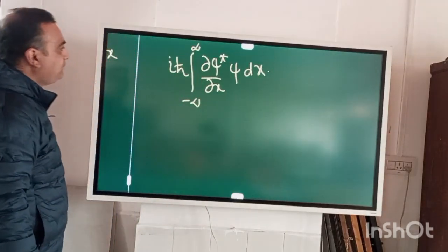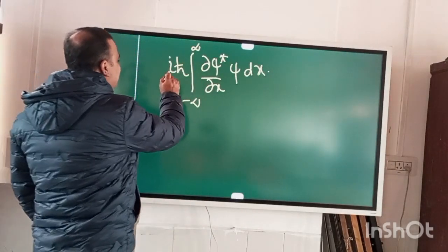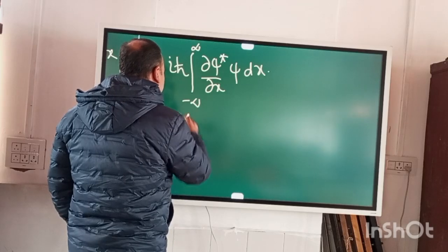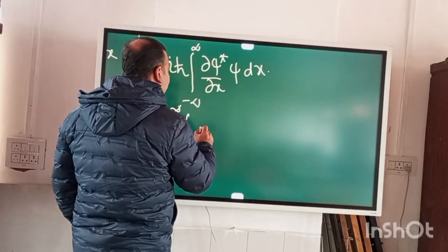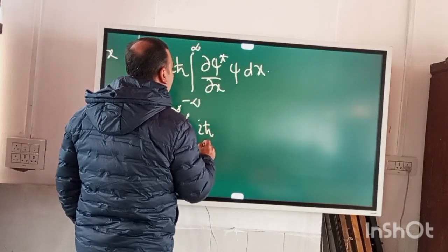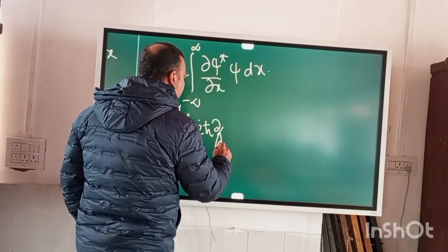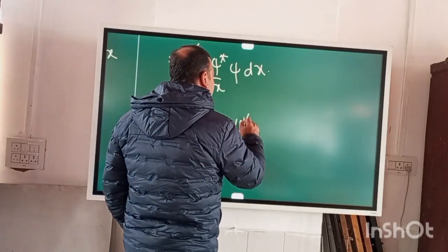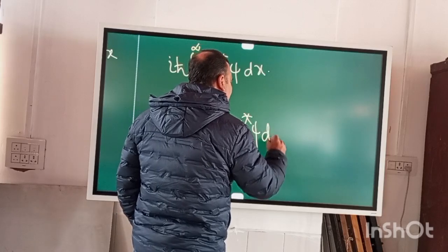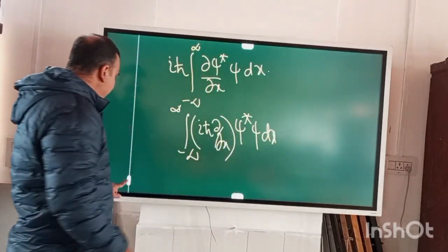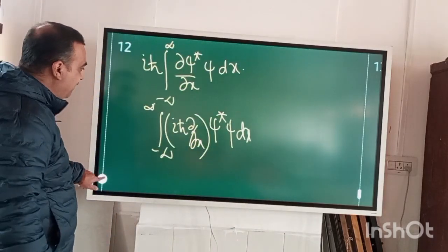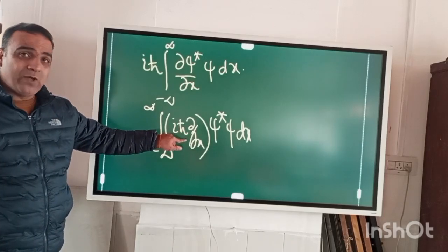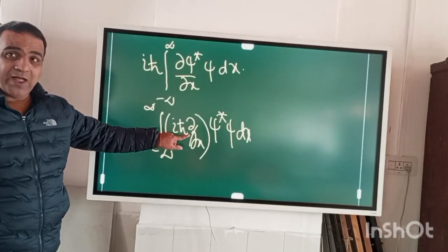This is it. All right. So I can take this i h bar inside the integral from minus infinity to infinity. So I can write i h bar dou by dou x acting on psi star, then I have psi, then I have dx. Right? And you can see here, this is i h bar dou by dou x. What is this i h bar dou by dou x?